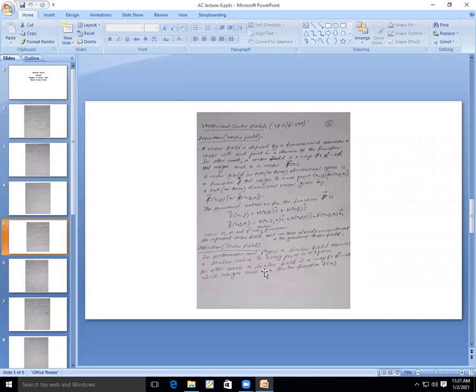So by definition, each element in the space will have some real value.